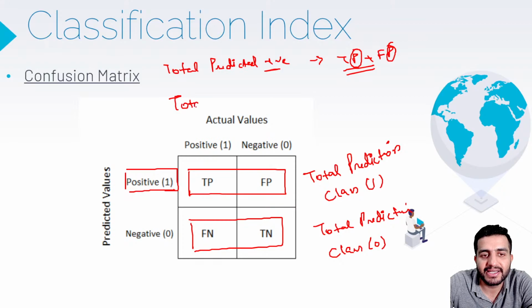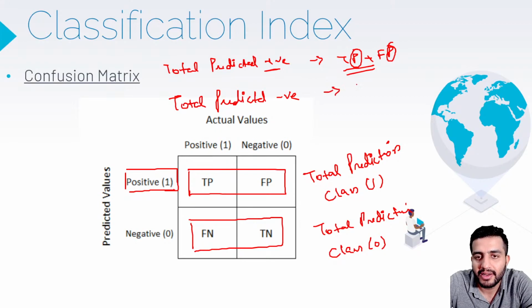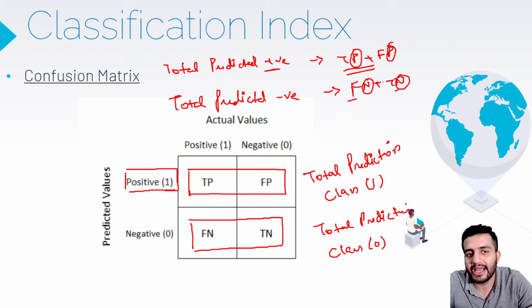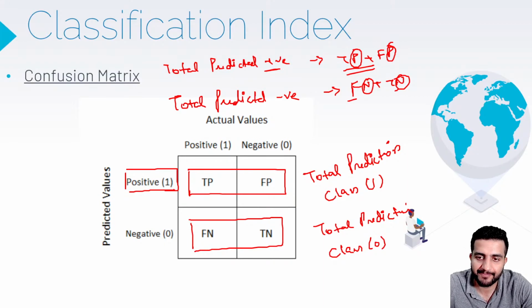Likewise, the total predicted negative is FN plus TN. I have predicted negative, whether it is true or false, I'm least bothered, but I'm taking the total prediction of my negative class. So FN plus TN is my total predicted negative. Correct? That's what I have.